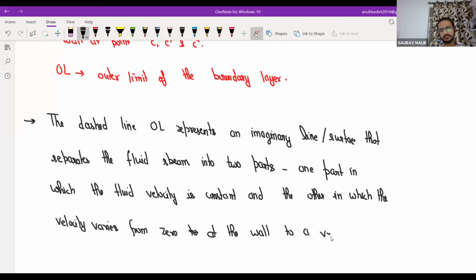to a velocity substantially equal to that of the undisturbed fluid.